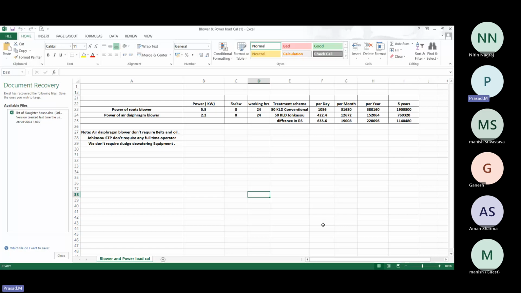So, demand for decentralized package STP, and that too what we are offering is having no aeration cost. It is going to be in multiple fold.